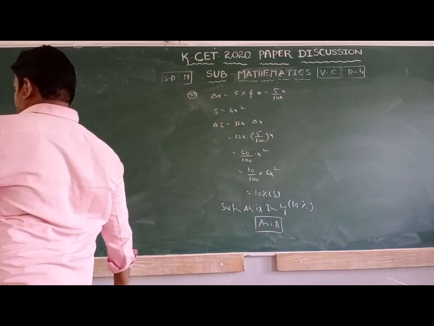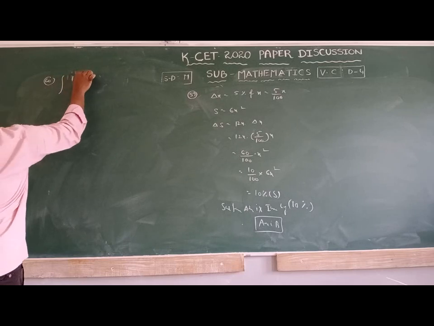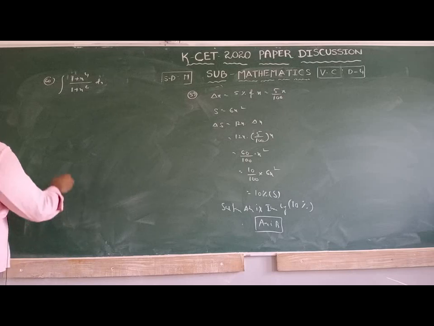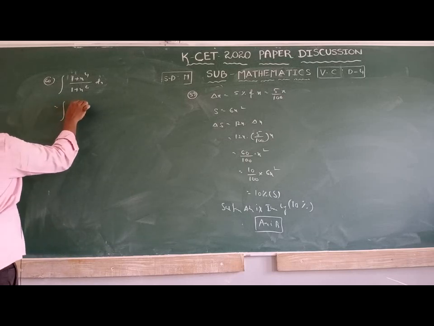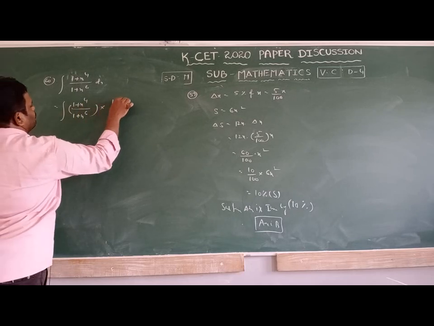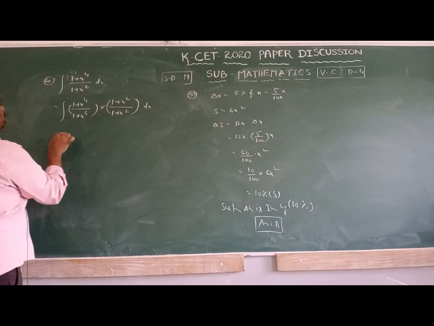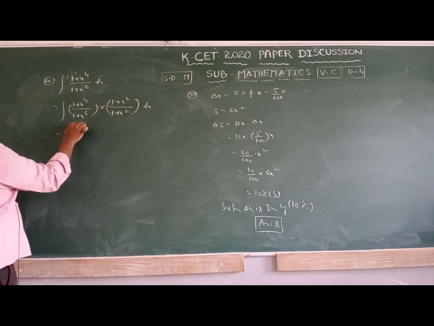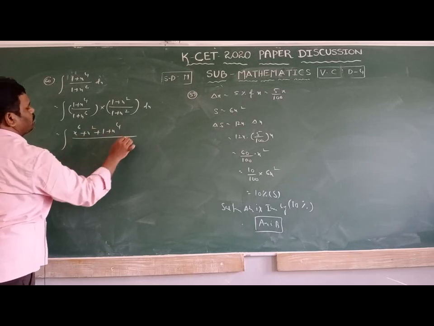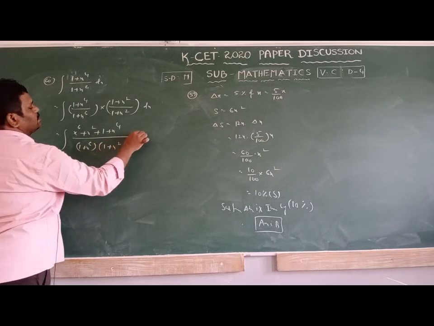Next, what is given here? The last one, an integral problem, question 60. Integral of 1 plus x power 4 by 1 plus x power 6 dx. We apply one operation here: multiply and divide with 1 plus x square. So integral of 1 plus x power 4 by 1 plus x power 6 into 1 plus x square by 1 plus x square dx, that is x power 6 plus x square plus 1 plus x power 4 by 1 plus x power 6 into 1 plus x square dx.